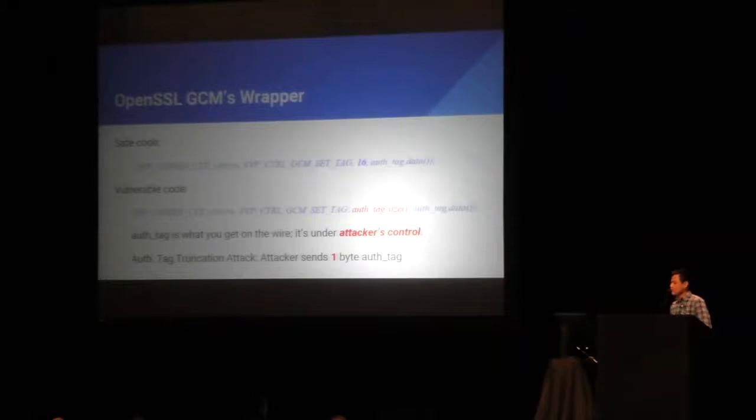But what the wrapper does is take the authentication tag that it receives on the wire and use it to configure the expected length of the authentication tag. So the attacker can just send a 1-byte authentication tag, and the wrapper will happily accept it. You may wonder why the attacker doesn't just send 0 bytes? Well, OpenSSL prevents a 0-byte authentication tag. So 1 byte works nicely.